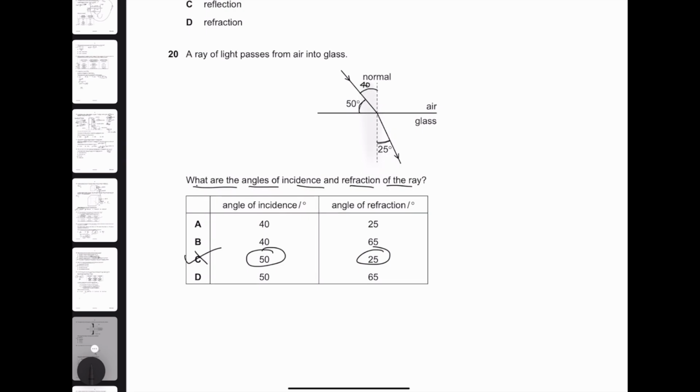So 40 degrees is the angle of incidence, and this is correct, 25. So your correct answer should be 40 and 25. Do not fall for the trap they make for you. Always follow what you have been taught. Trust what you have been taught. So the angle you measure from the normal, 40 will be here, and refraction is already from the normal only, so 25. Correct answer is A, not C.